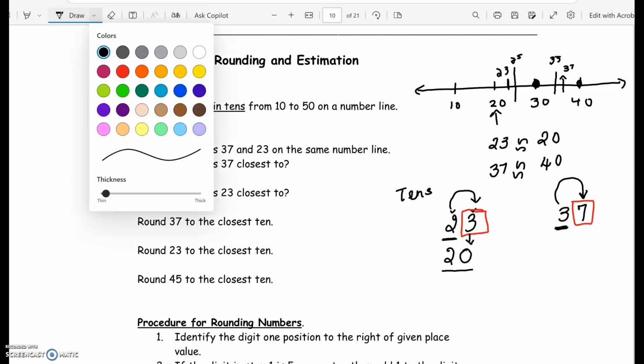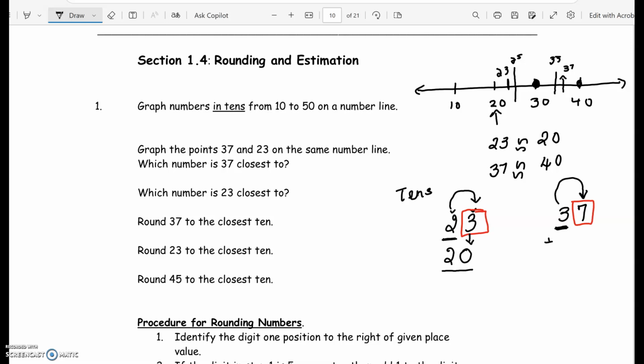Now 7 is greater than 5. So therefore, that tells us that we need to round up, which means we add 1. So the 7 becomes a 0 because we don't care about the ones place because we're counting in tens. And the 3 becomes a 4. So 37, when rounded to the tens place, is a 40.